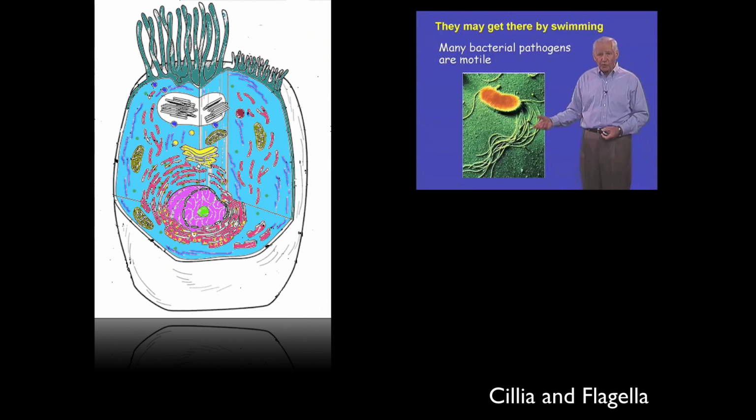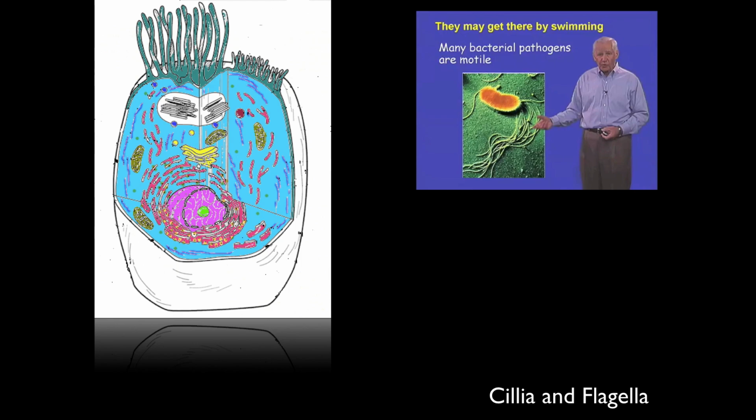Cilia and flagella are extensions of the plasma membrane. A flagella is a long whip-like structure.